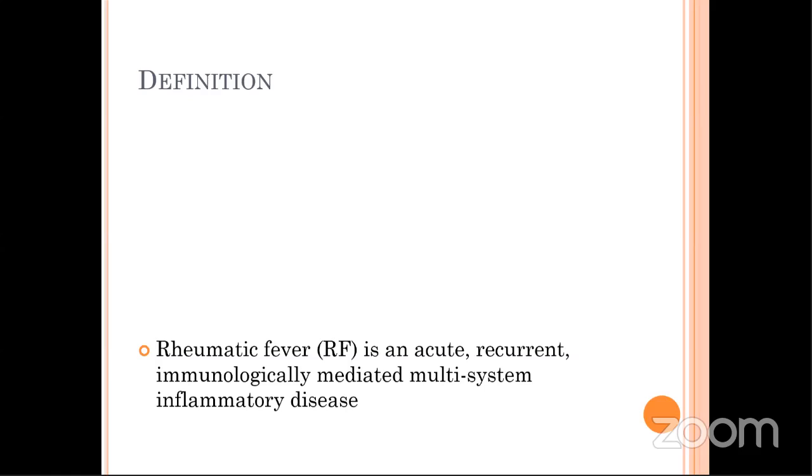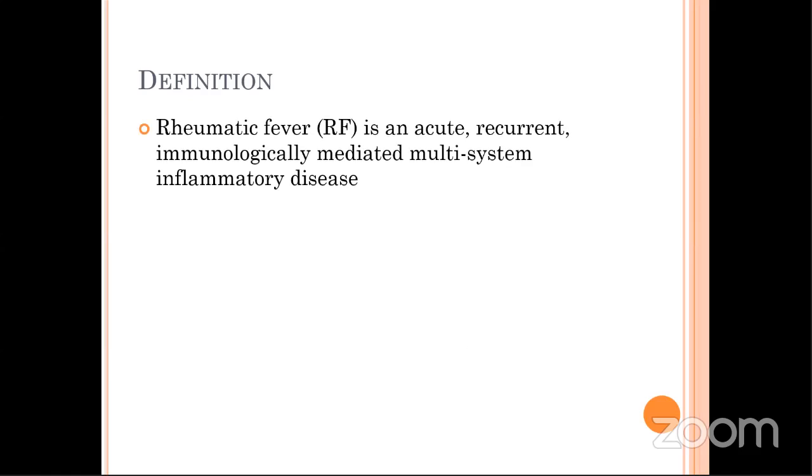Now, how do you define rheumatic fever? To go by the definition, rheumatic fever is an acute, recurrent, immunologically mediated, multi-system inflammatory disease. Now, these terms are important. Immunologically mediated, so it has some immunological factors associated with it, and it is an inflammatory disease.